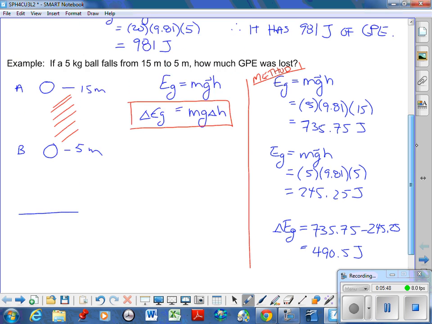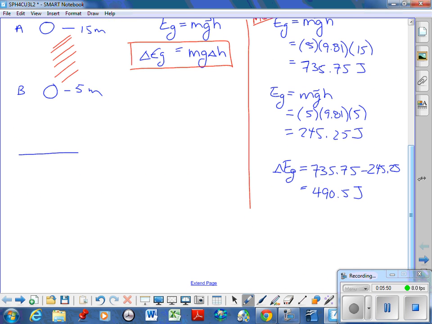So now you have two formulas. All right, the one from above. This is the change in energy. So that's equal to, putting the numbers in now, 5 times 9.81 times 15 take away 5. That's what that delta h means. So you've got to be careful when you're doing the subtraction, but that's 10. Okay, you can do that in your head.